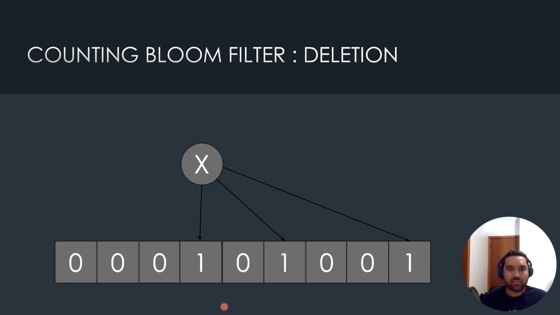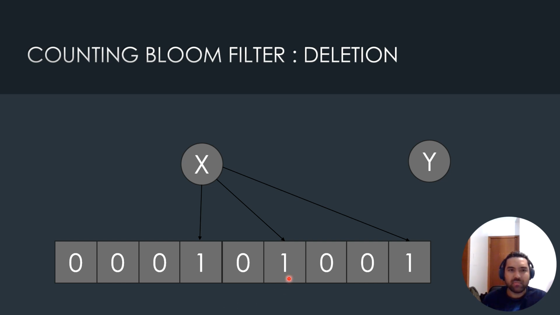A counting Bloom filter works like a standard Bloom filter, but instead of a bit array, it uses an array of small counters. Instead of setting the corresponding positions to 1, we increment the counters at those positions. In this example, we see the value corresponding to y is set to 1. We insert y.